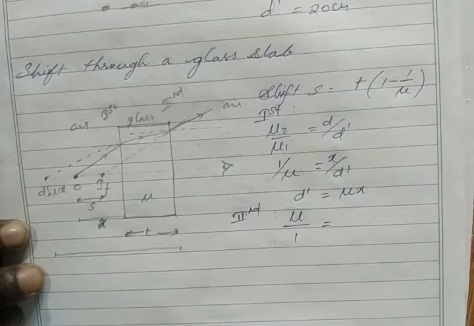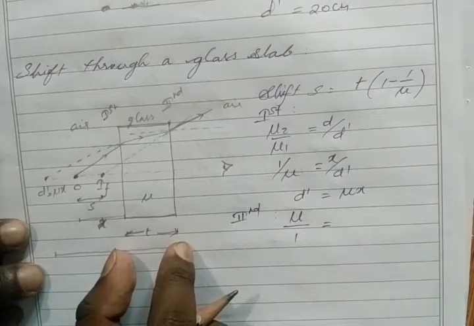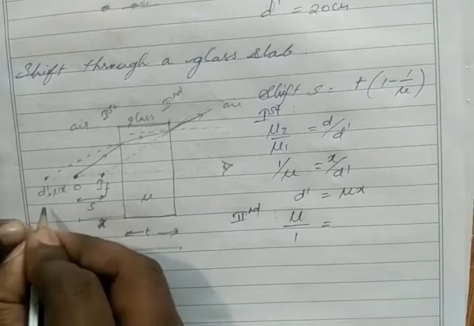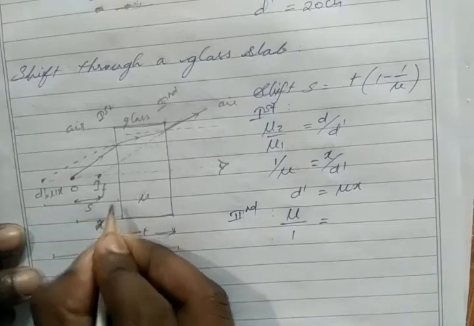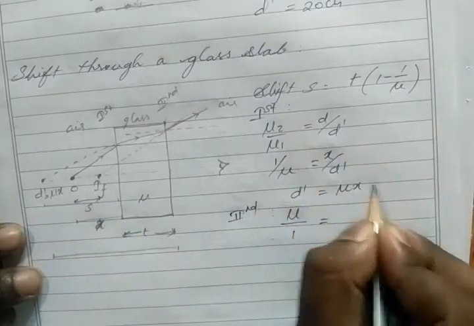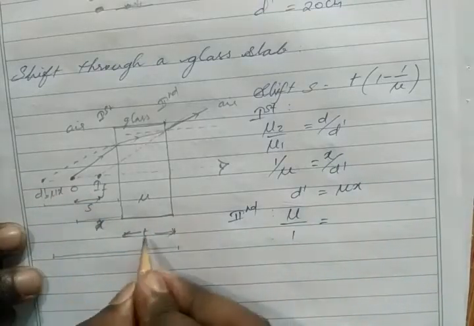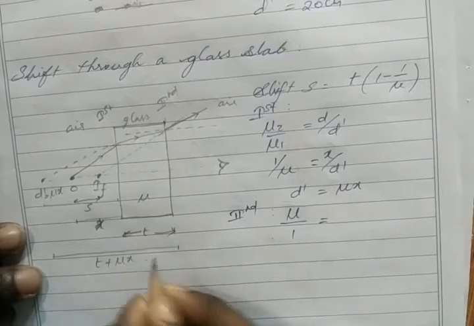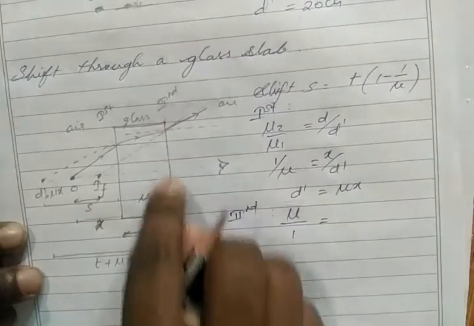Correct? So for this real depth, we have this value t and this value d dash, that is mu x. We found here d dash, apparent depth, that is mu x. So t plus mu x is our answer. That is our real depth for this interface.